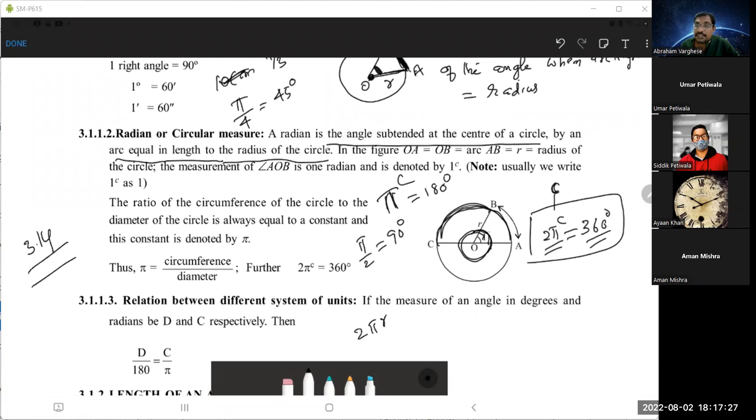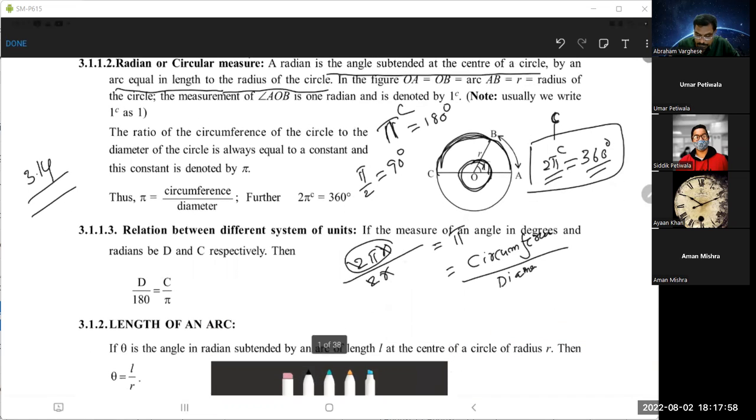The diameter is 2r. When divided, r and 2 get cancelled, and you get pi. So the ratio of the circumference of a circle to its diameter is pi. That also you can write.